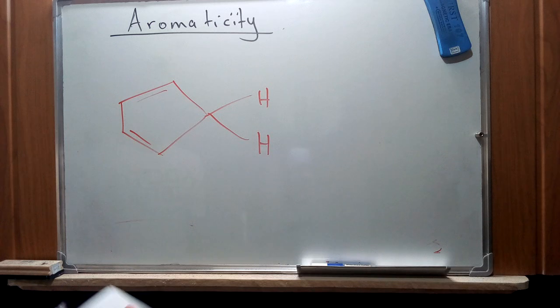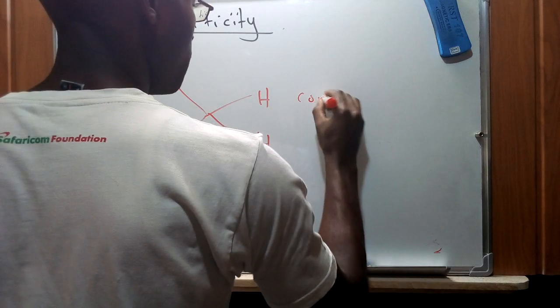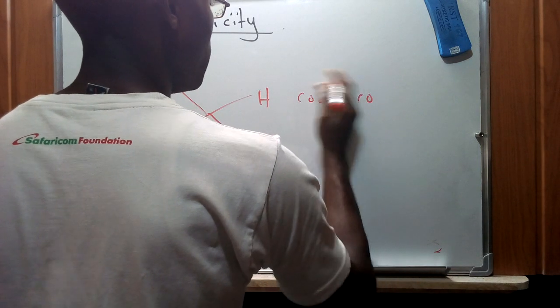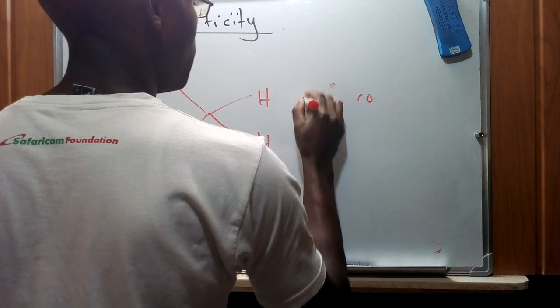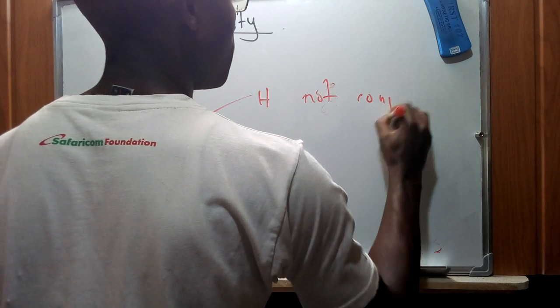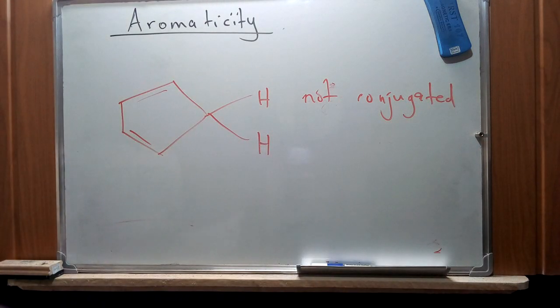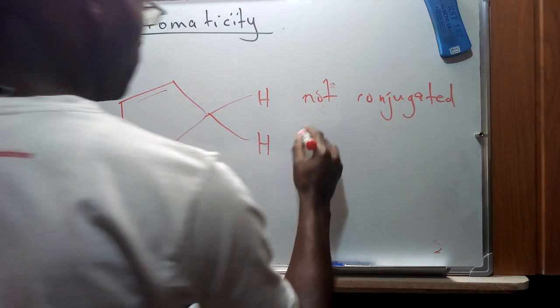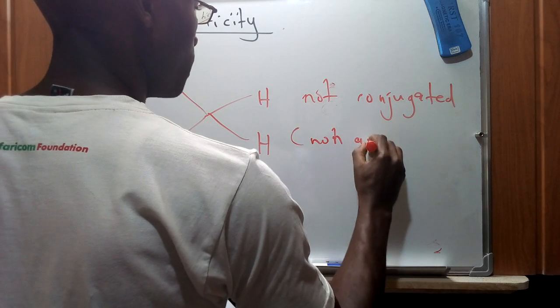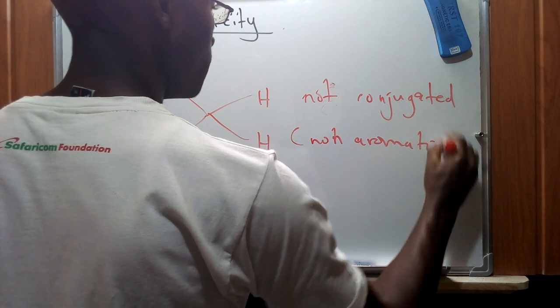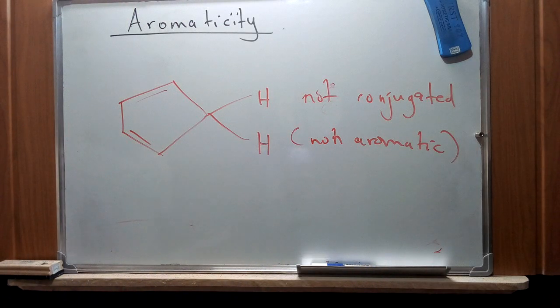We're going to confirm that this compound is not conjugated, implying that each atom is not either sp hybridized or sp2 hybridized. Therefore, this is not going to be aromatic and can be regarded as an anti-aromatic compound.